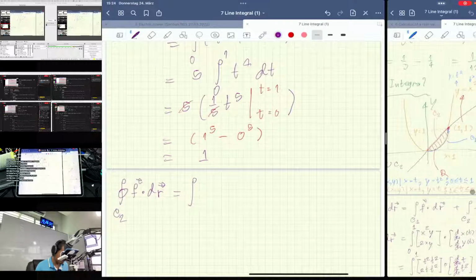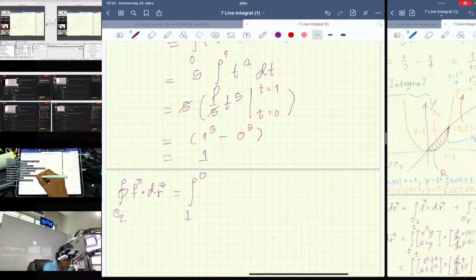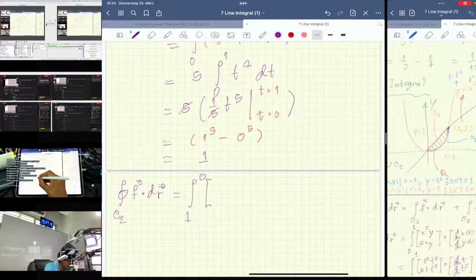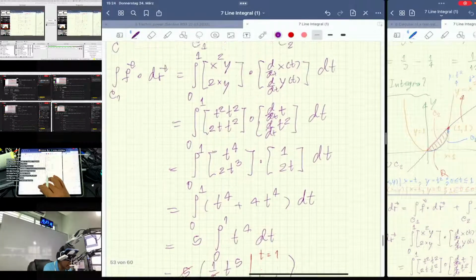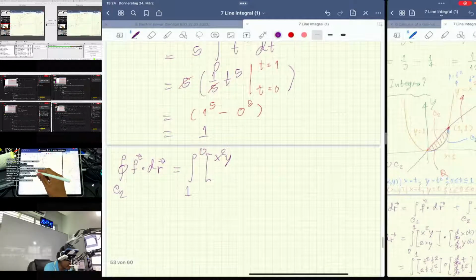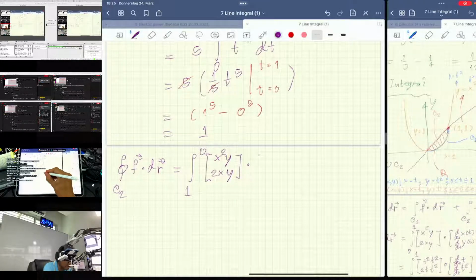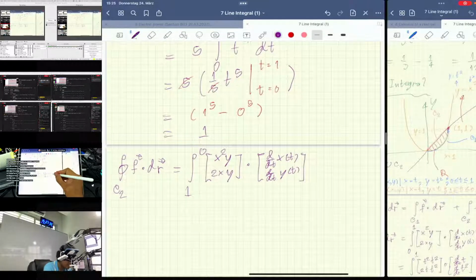So from 1 to 0, and the vector f is of course the same thing, x squared y and 2xy, dot d by dt of x(t) and y(t), dt.